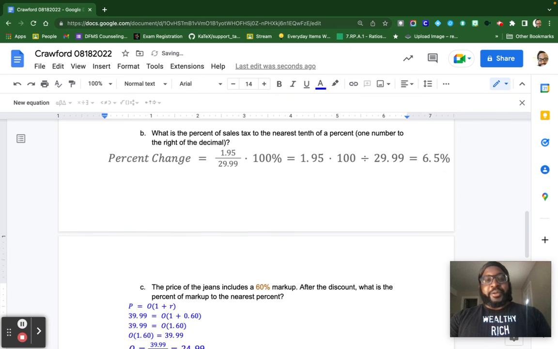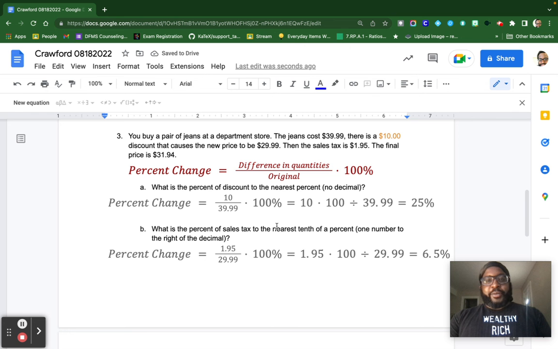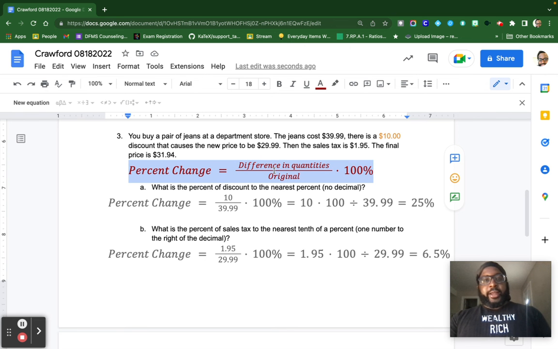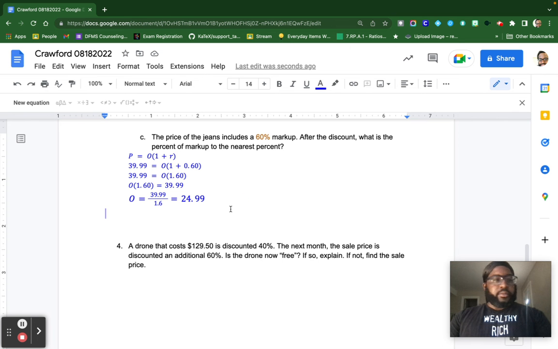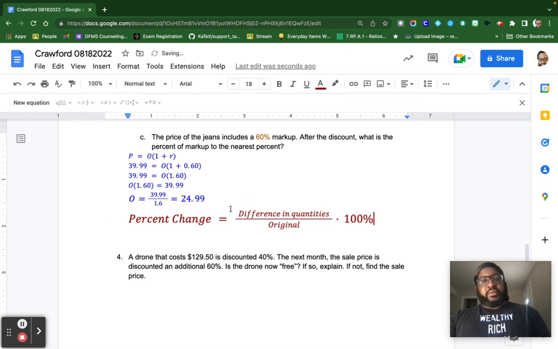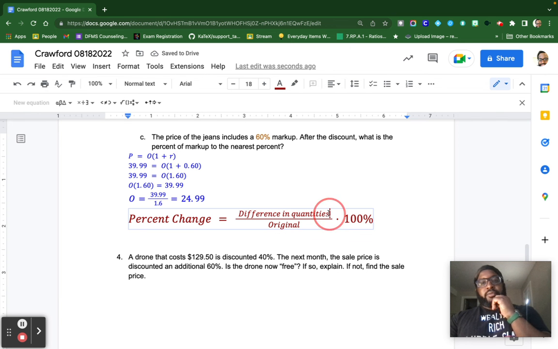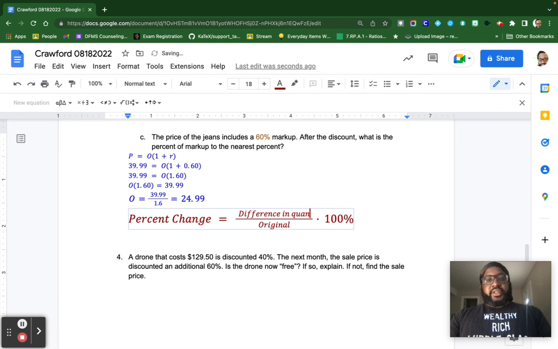Now, let's go to the second part. And we're going to bring back our friend. This time, we're not given the difference in quantities. So we're going to have to do something a little bit different. Subtract explicitly. After the discount, we have 29.99 minus 24.99.